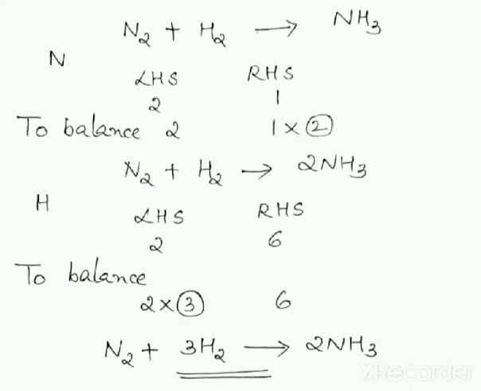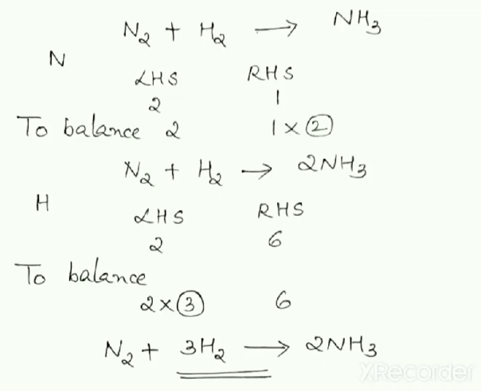So next we shall see how to write the balanced chemical equation for the reaction of nitrogen with hydrogen to give ammonia. To start with, you have to write the skeletal equation. The reaction of nitrogen with hydrogen.